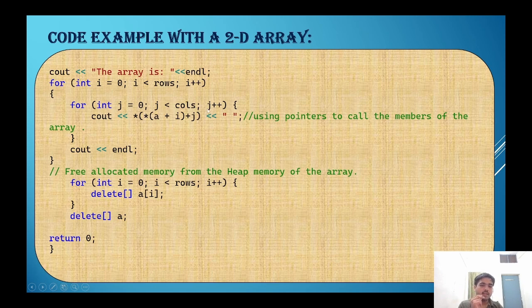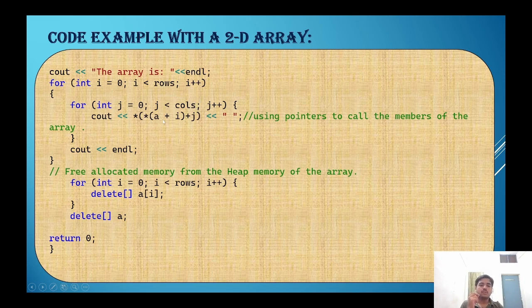Then if we take j is equal to 0 for the first step, it represents the address of element a00, and dereferencing it represents the value stored in that address, that is a00. Subsequently for j is equal to 1, it will show the value of a01, j is equal to 2, it will show a02, and so on until j is not less than cols.